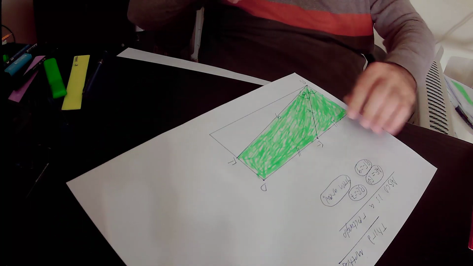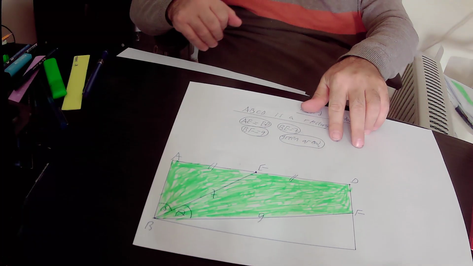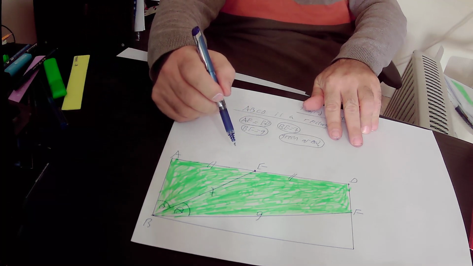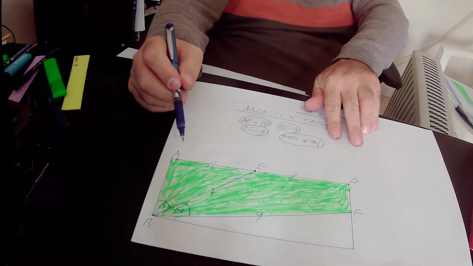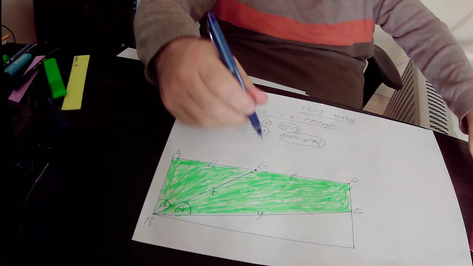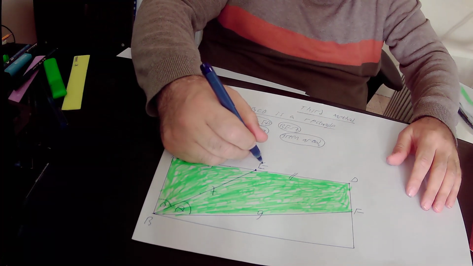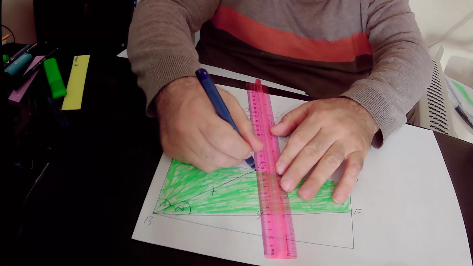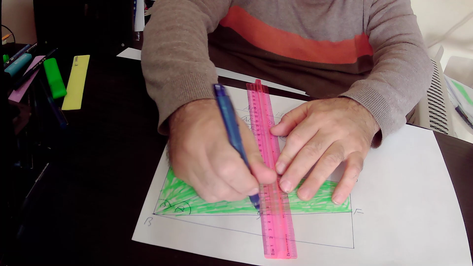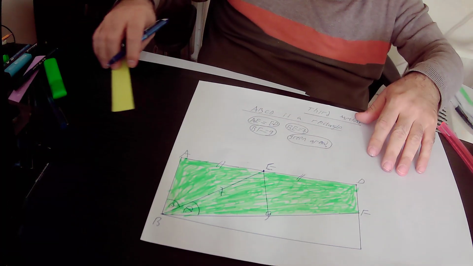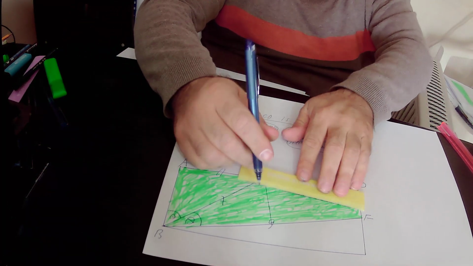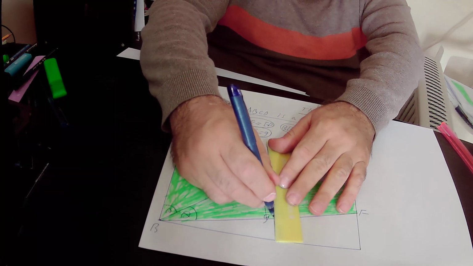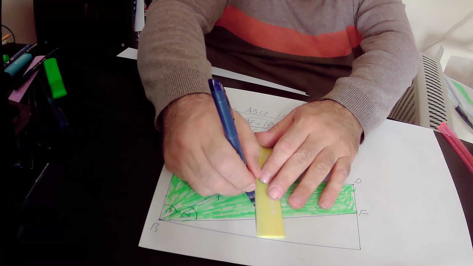So here, in this method, we will do a construction from point E. We will draw a perpendicular to BF. So this angle is a right angle, that is to say it equals 90 degrees, and this angle is also a right angle.